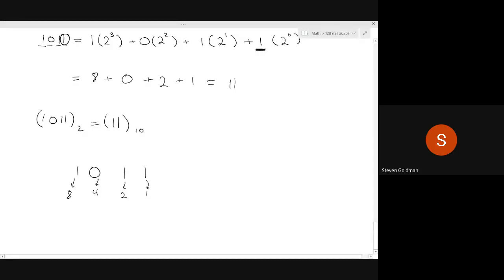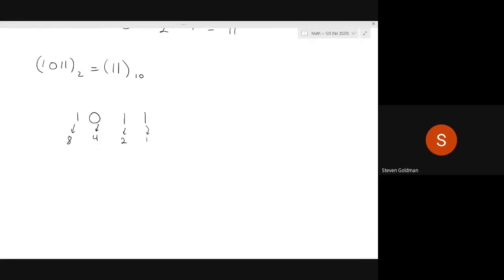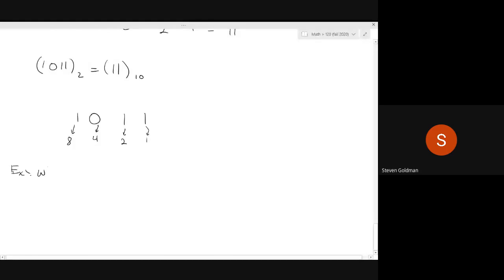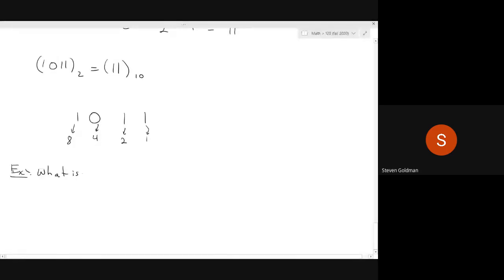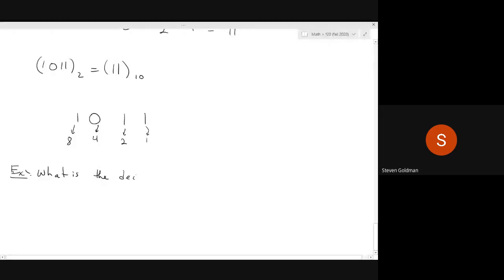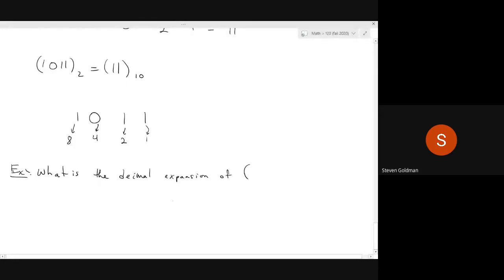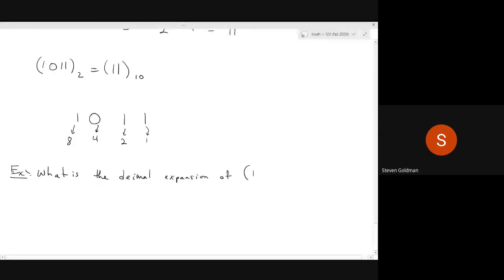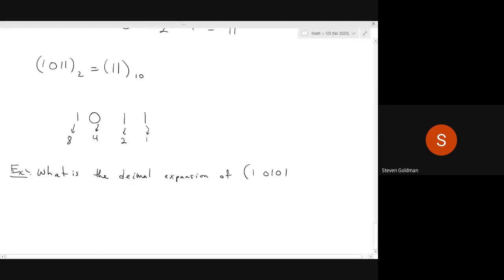Let me give you another example here. What is the decimal expansion of 101011111? So what is this number in decimal?